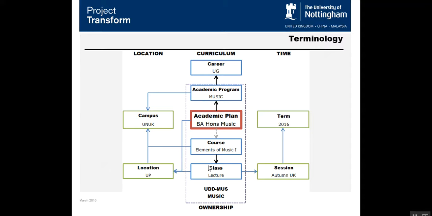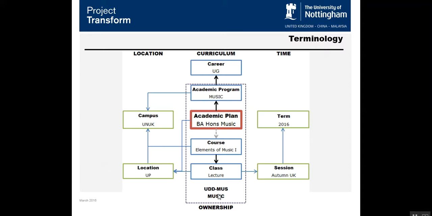Now that has multiple classes, but I put one class here, lecture, and that lecture is created for the term 2016, so the academic year 2016, and is attached to the session Autumn UK, so the autumn semester, with a location of UP.